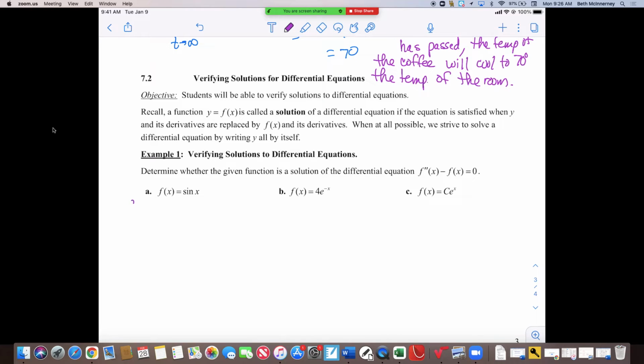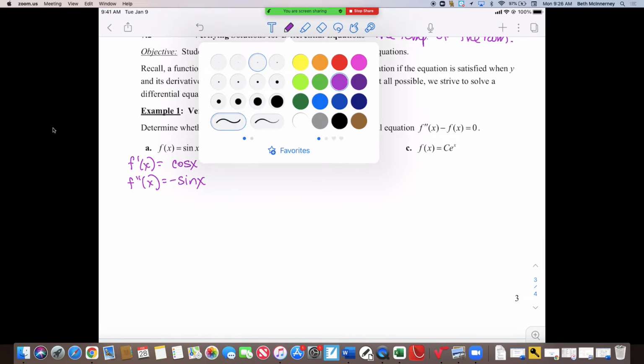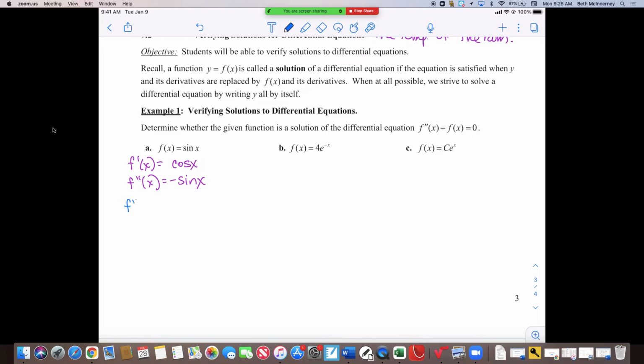So what we're going to need to do is find the first derivative, and we're going to find the second derivative.